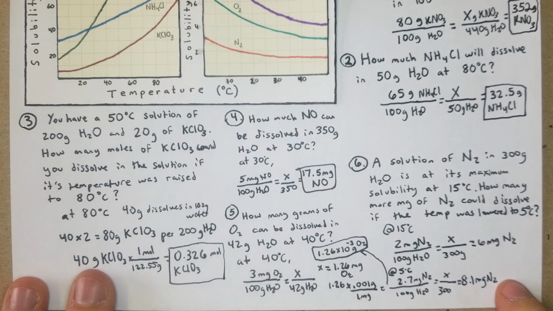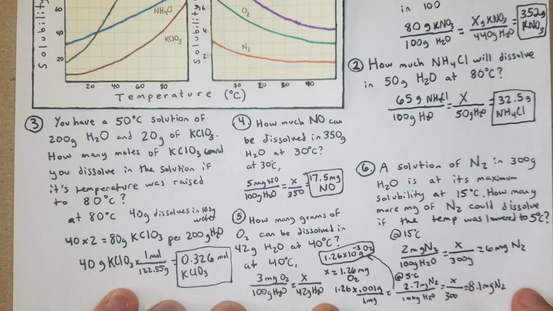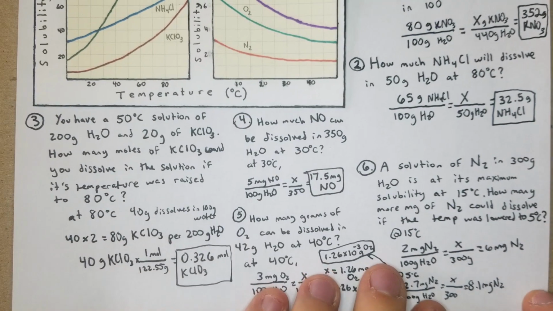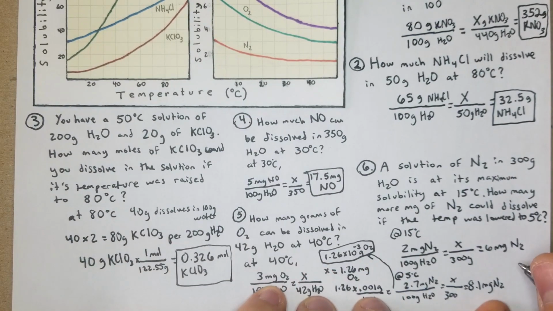So we just tracked two different spots on the solubility curve, but we're just going to take the difference because it says how many more milligrams of N2 could dissolve if the temperature was lowered. So how many more indicates that it's a comparison. We're just going to have the 8.1 minus 6, so we're going to end up with 2.1 mg of N2 more.